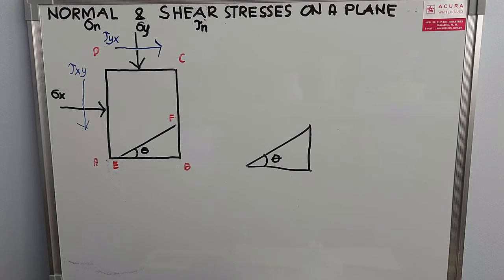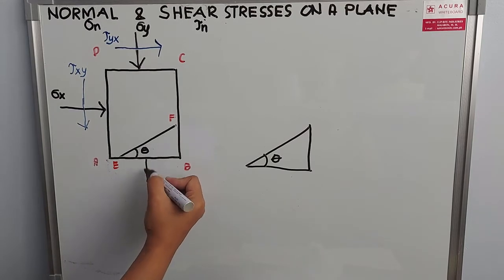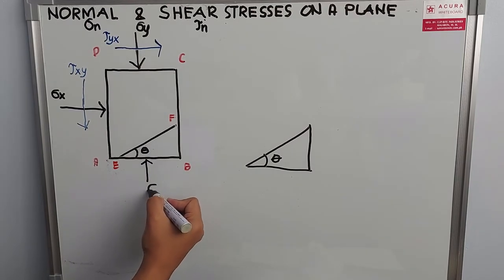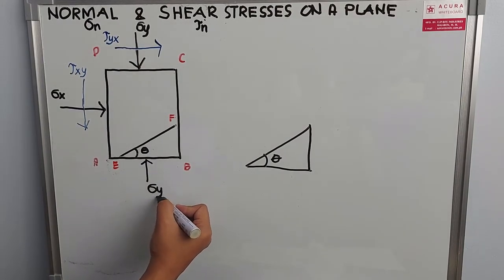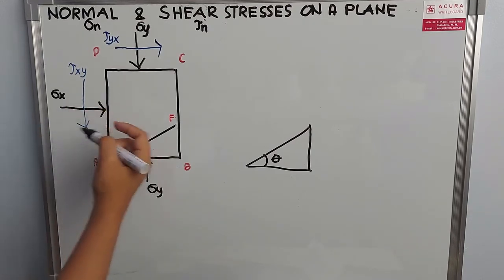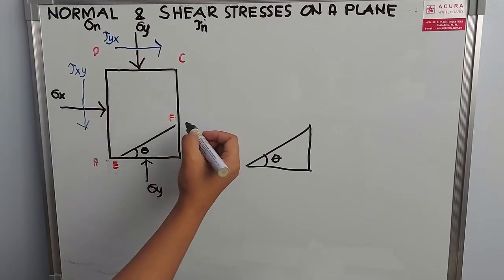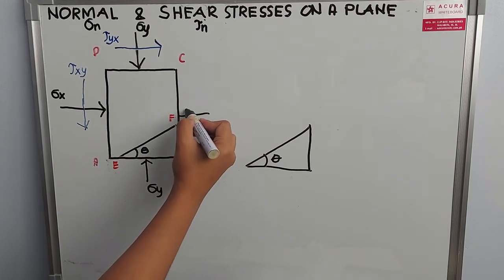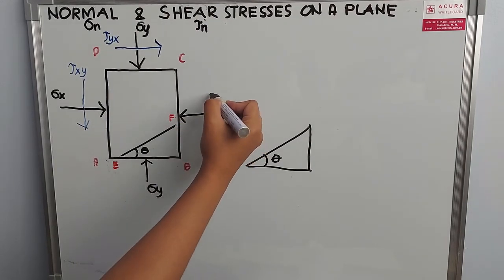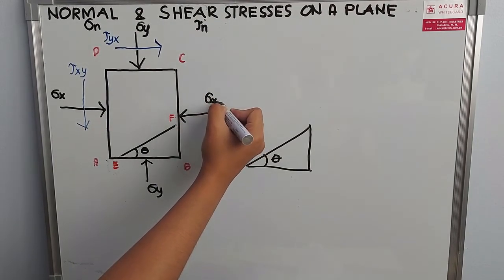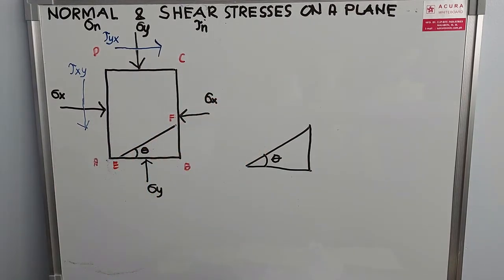Principle of equilibrium would say that if we have a force going down, there has to be a force also going up. So this is also your normal stress along y direction. Along x direction, we also have to have here your normal stress along x direction. Why? Principle of equilibrium.